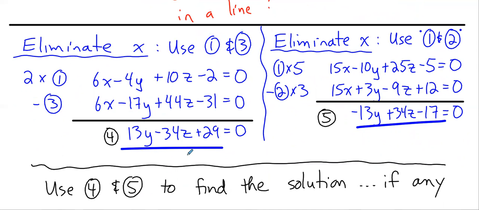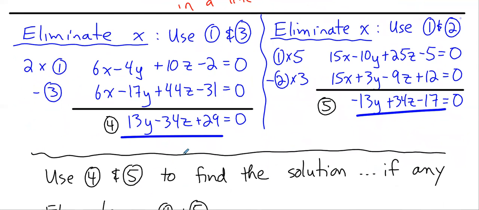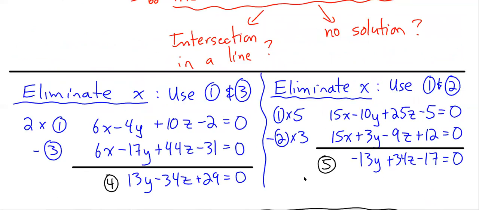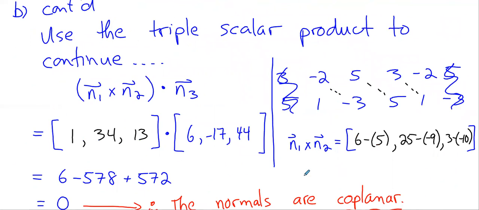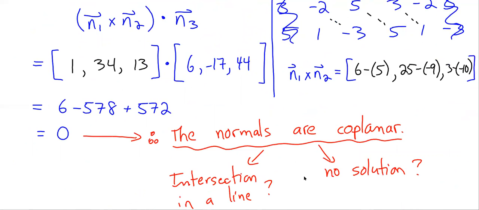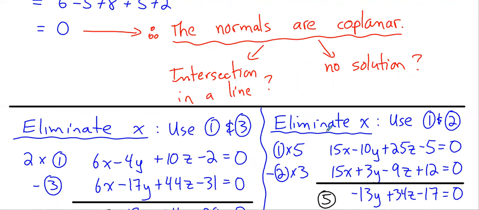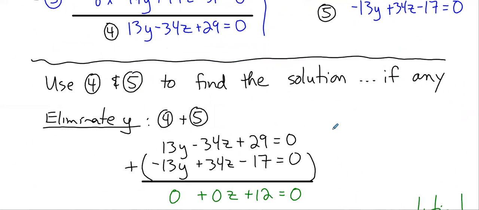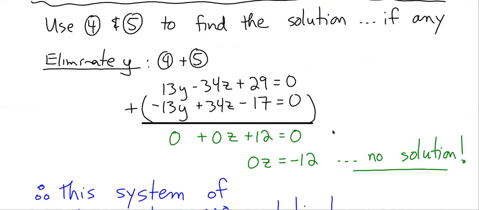Our eventual goal with all this algebraic work is to use these two new equations to find a solution if it exists. This algebra is going to basically tell us if there's some type of solution or not. Again, with all this work of the triple scalar product and the parallelism, you could technically jump right into the algebra and work with it to determine what kind of solution you would have.